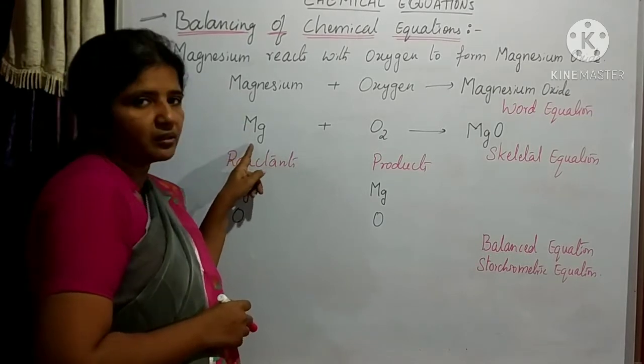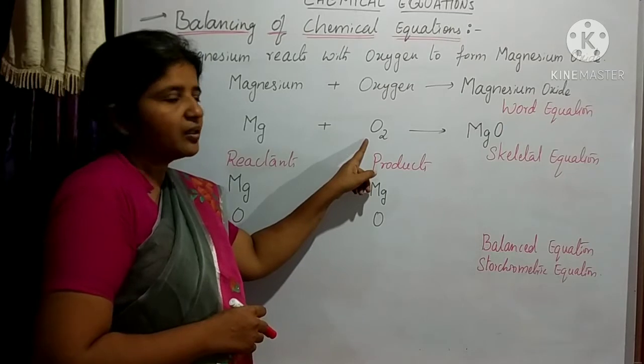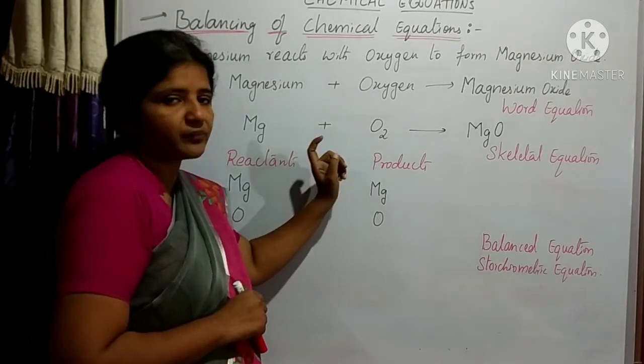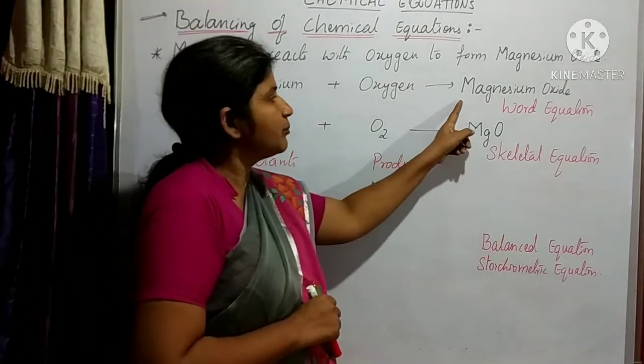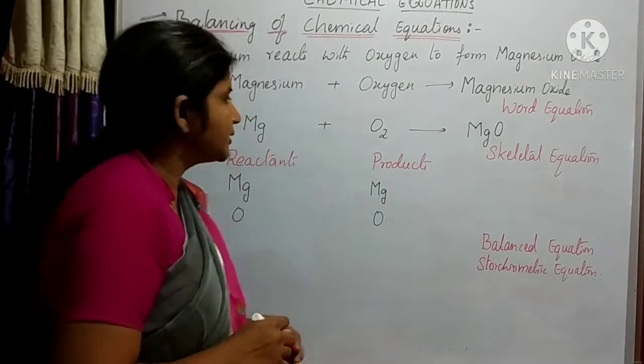Magnesium symbol is Mg, oxygen is O2, because oxygen is diatomic, two atoms are present. So O2.